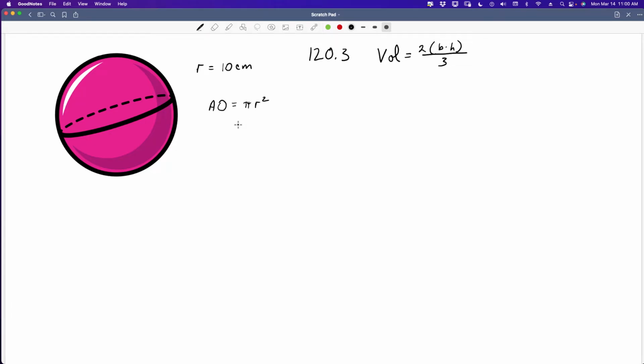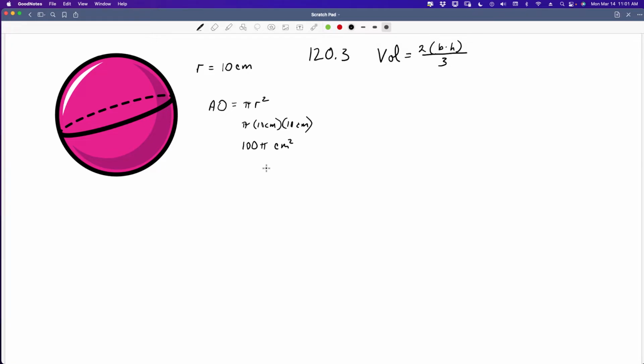In this case, we have a 10 centimeter radius, so it's pi times 10 centimeters times 10 centimeters. So our area of the circle, our base, is going to be 100 pi centimeters squared. That's our base.